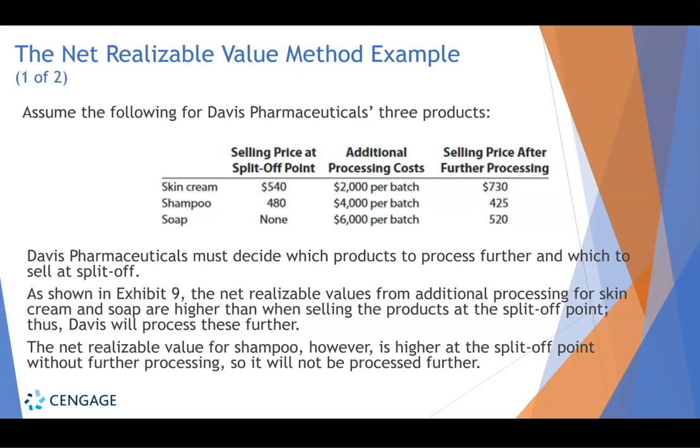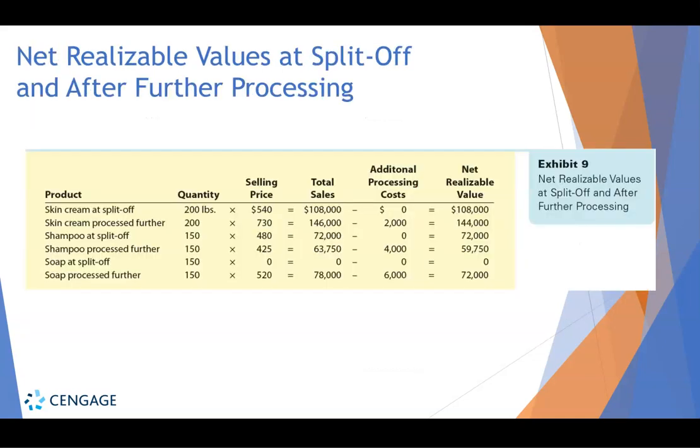Davis Pharmaceutical has to decide which products to process further and which to sell at split off. We're going to see here the net realizable values from additional processing for skin cream and soap are higher than when selling the products at the split off point. Davis wants to process it further. The net realizable value for shampoo is higher at the split off point without further processing. So that one's not going to be processed any further.